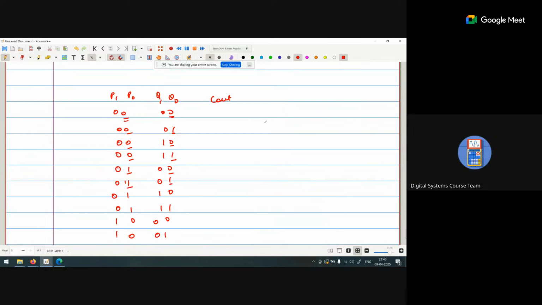Here the carry is generated. This internal carry will be forwarded to P1 and Q1, so the Cout is 0. Now no carry. Here a carry is generated and forwarded here, so 1 and 1 becomes 0 and carry out is generated.